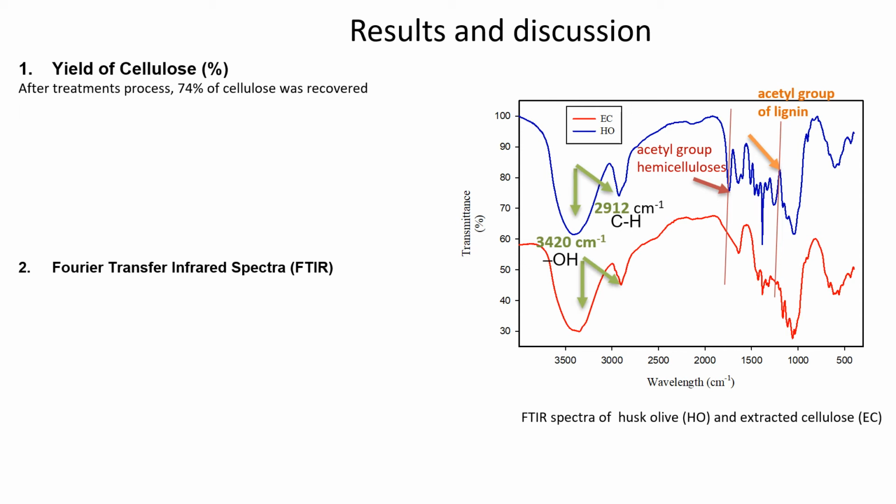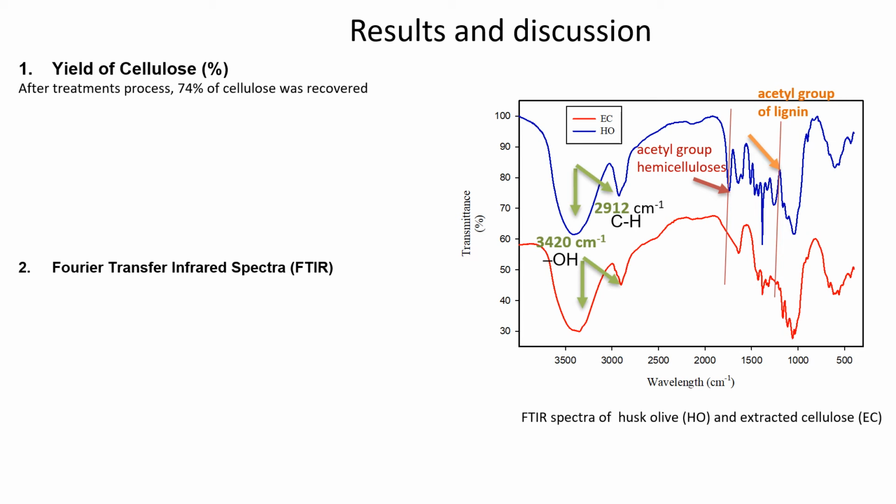We also characterized the structure of the cellulose obtained. As we can see on this figure, the transmittance bands observed at 3340 and 2890 cm^-1 in the spectra of olive husk fiber and the extracted cellulose were attributed to stretching vibrations of OH and CH groups respectively.